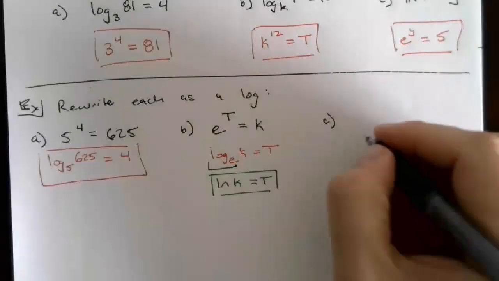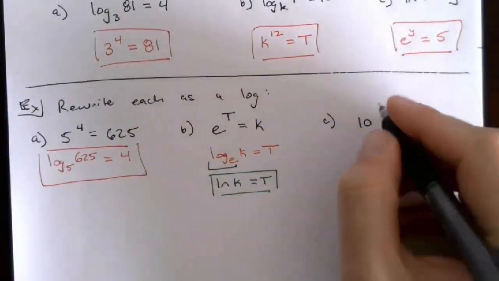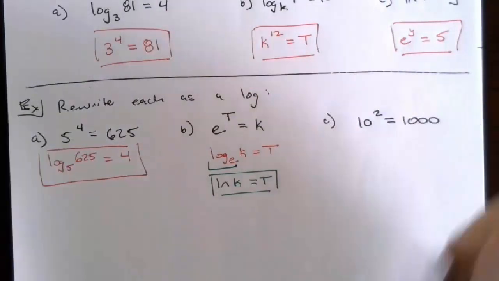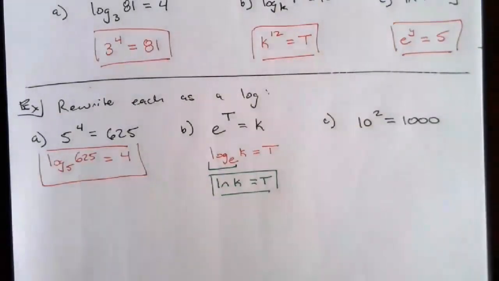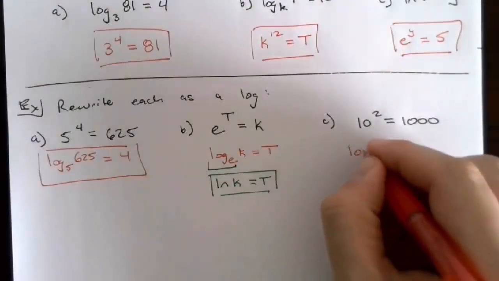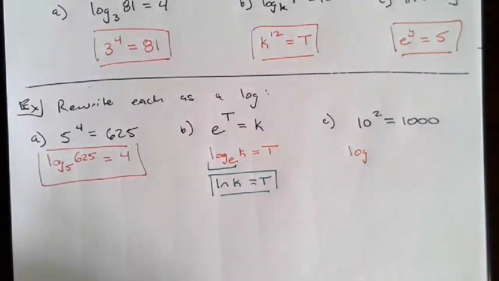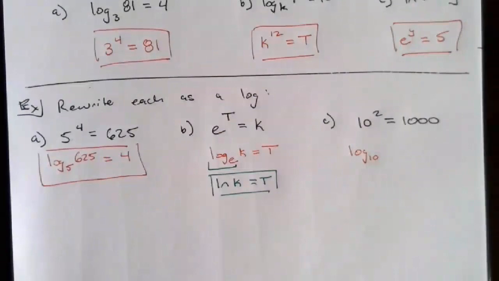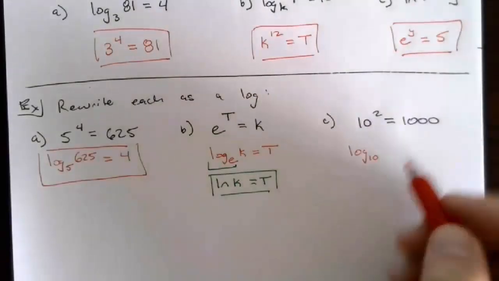What if I wrote this? 10 to the second power is equal to 1,000. Well, we want to write it as a log, so we have a log. What's the base? Well, the base in this case is 10. That's actually a special base we'll talk about in a minute. So it's log base 10 of what value?